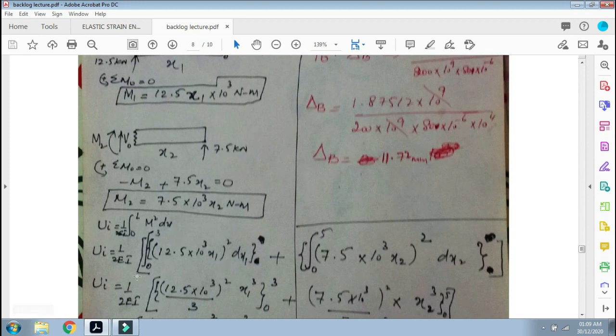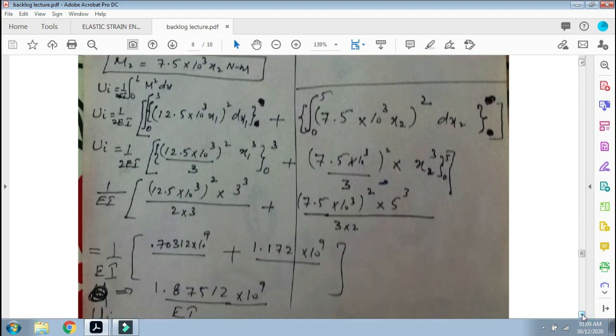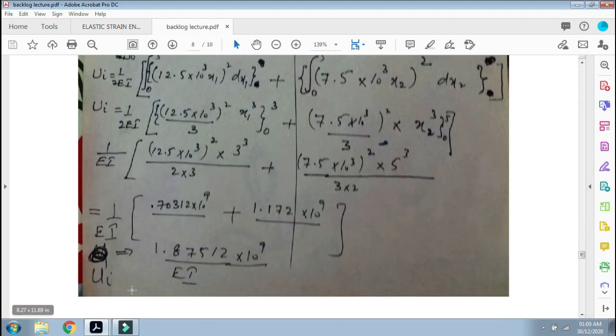So you apply this function, 12.5 × 10^3 x1 squared dx1 plus 7.5 × 10^3 x2 the whole square dx2, and we can take 1 upon 2EI as common. You now integrate, and once you integrate it, you get the internal bending strain energy as 1.87512 over EI × 10^9.